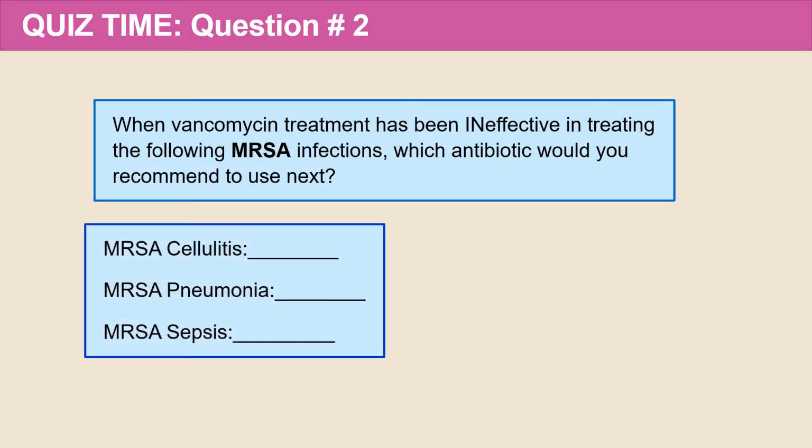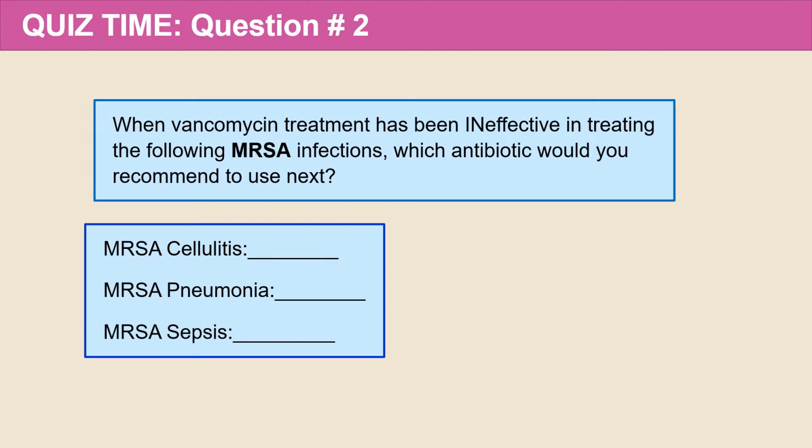Question 2. When vancomycin treatment has been ineffective in treating the following MRSA infections, which antibiotic would you recommend to use next? For MRSA cellulitis, MRSA pneumonia, and MRSA sepsis. So you have an MRSA infection treated with vanco, but it hasn't been effective.